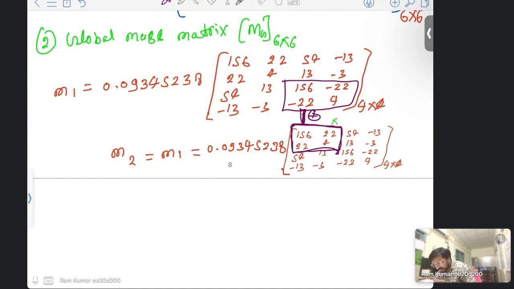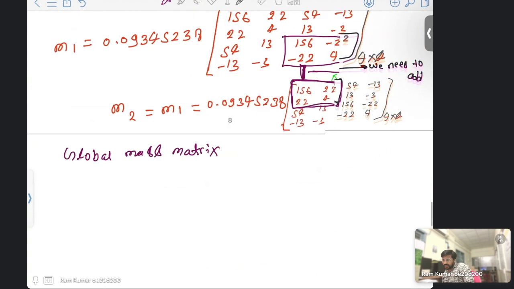Sorry, that one we have to, we need to add. We need to add. That will be the final global mass matrix.